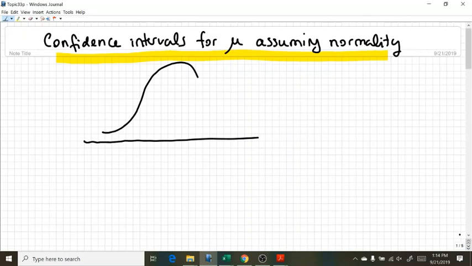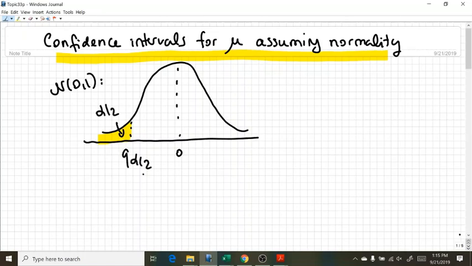A nice bell-shaped PDF, right? Well, we know that the bell is located at 0. And let's take already alpha divided by 2 in the tail, an area of alpha divided by 2. So to get alpha divided by 2, I have here the alpha divided by 2th quantile, right?